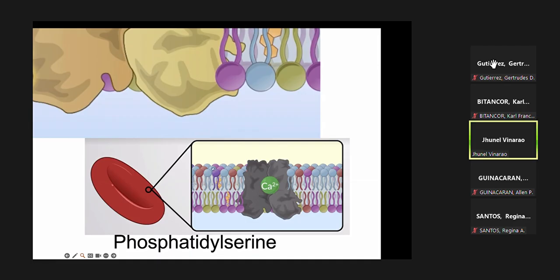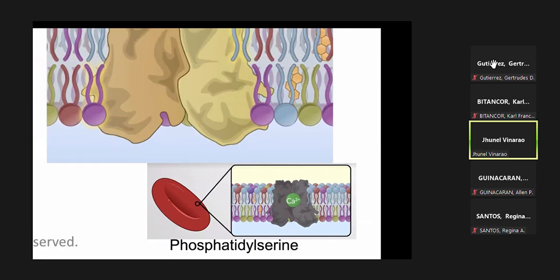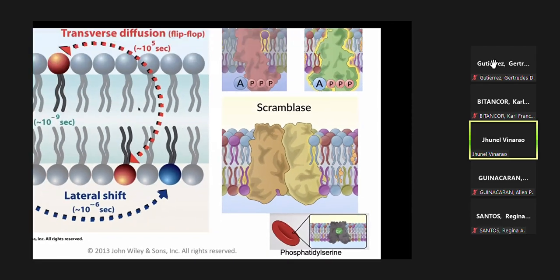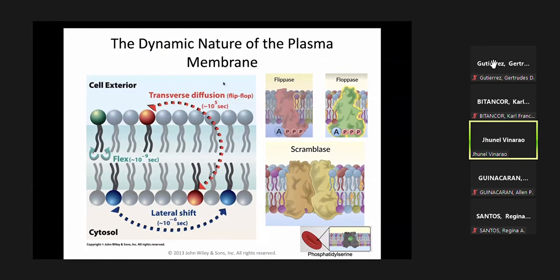So when the macrophages recognize that there's a lot of phosphatidylserine on this red blood cell, that's the time they need to engulf the red blood cell. Meaning, it's due. It's ready to be discarded. Okay? So, that's the dynamics of our plasma membrane.